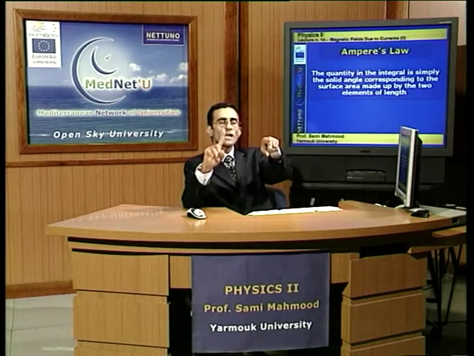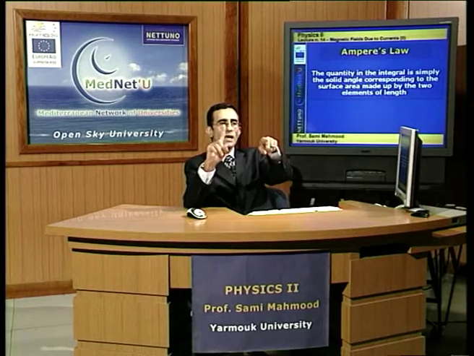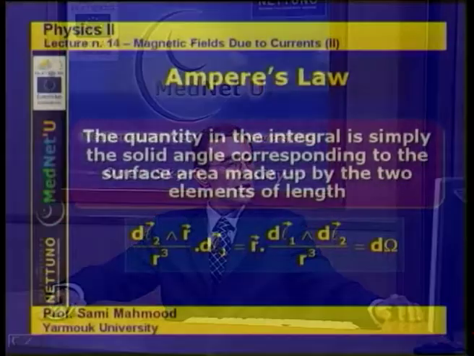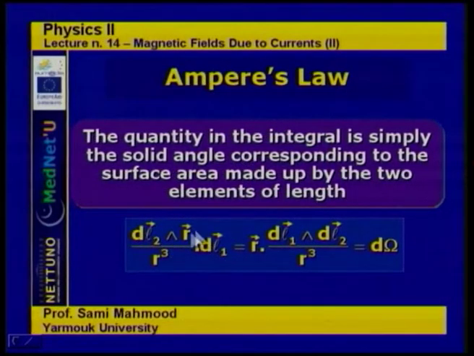So dl1 and dl2 as two elements of length crossed together, dl1 cross dl2 or dl2 cross dl1, gives the area that is made by this. And if we rearrange the integrand, we notice that dl2 cross R over R cubed dot dl1 is simply equal to R dot dl1 cross dl2 over R cubed.